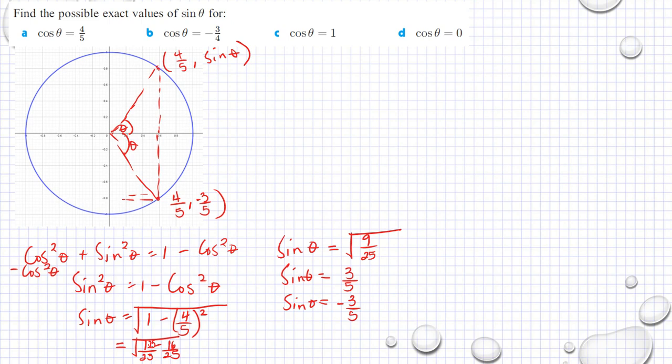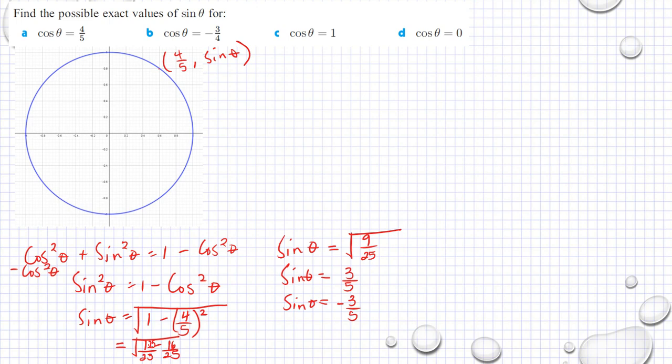Should be 0.6. I used the wrong value. I'm going to draw better so that you can see it.